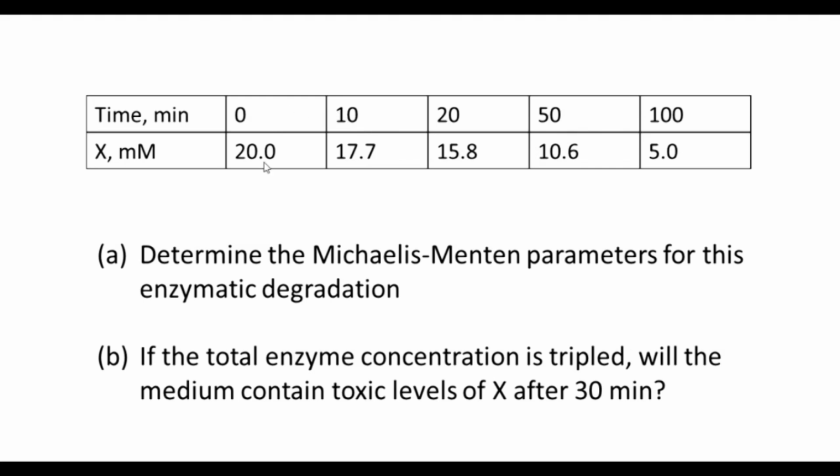At time 0 it is 20 millimolar, at time 10 it is 17.7 millimolar, and so on. Part A: determine the Michaelis-Menten parameters for this enzymatic degradation. Part B: if the total enzyme concentration is tripled, will the medium contain toxic levels of X after 30 minutes?